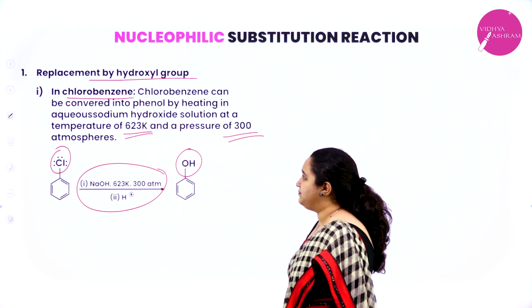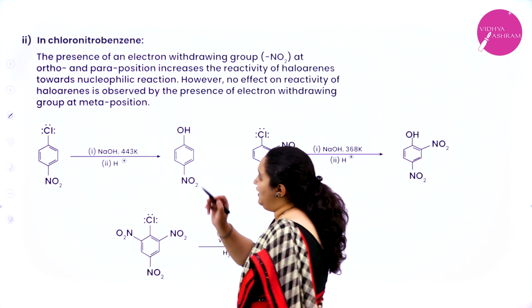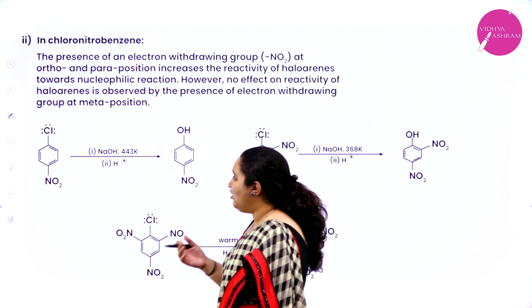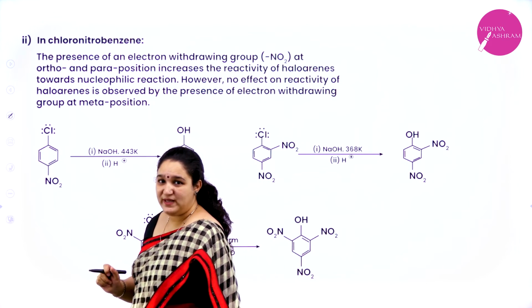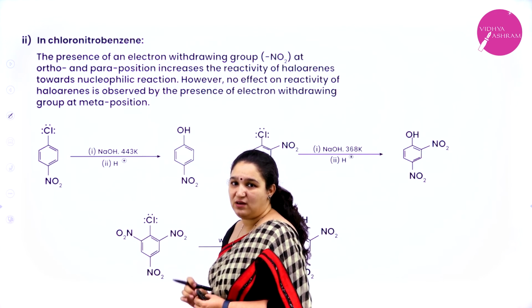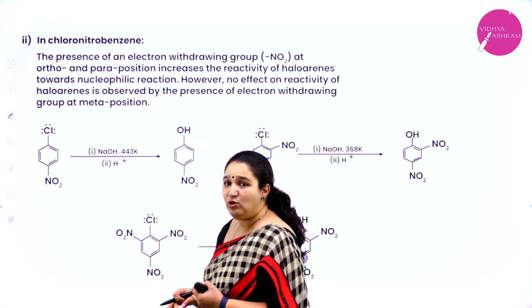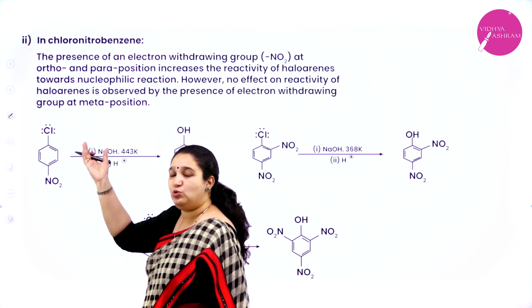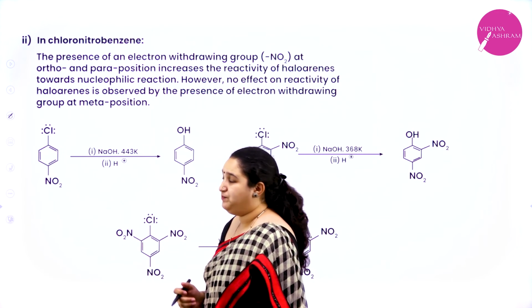Okay, next, in chloronitrobenzene. So what we are doing is, we are not taking only chlorobenzene. Now we have added the nitro group to the benzene ring. So in chloronitrobenzene, is the substitution of the halogen with the nucleophile easy? We shall see.